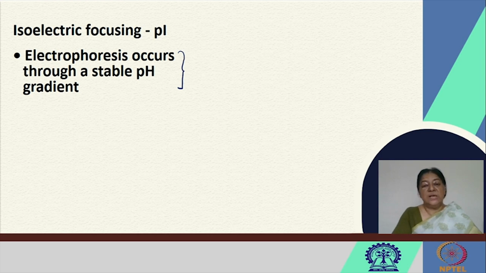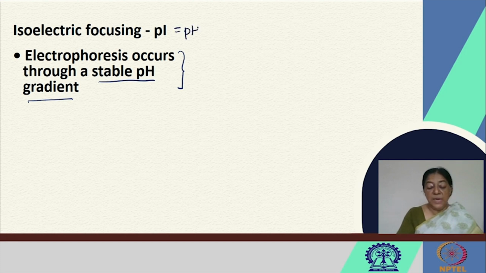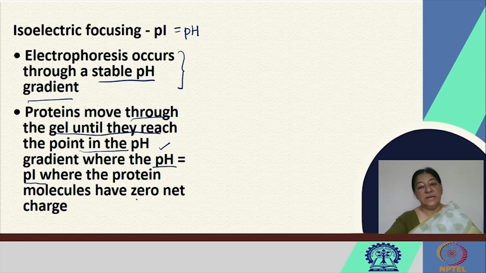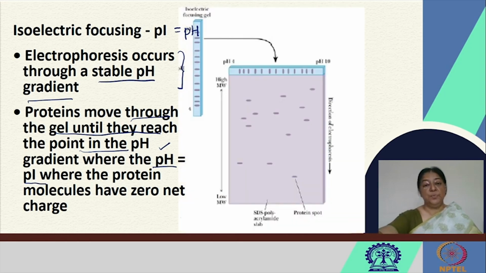As soon as the pH becomes equal to the pI of the protein, the protein will no longer move because it has zero charge. So the proteins will move through the gel until they reach the point in the pH gradient where the pH is equal to the pI.